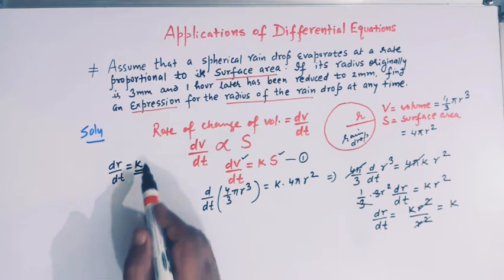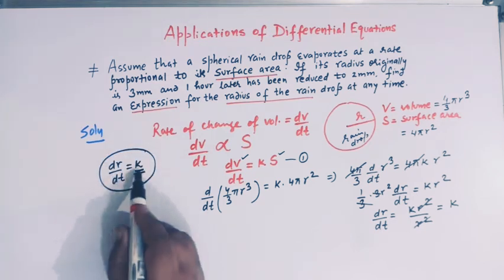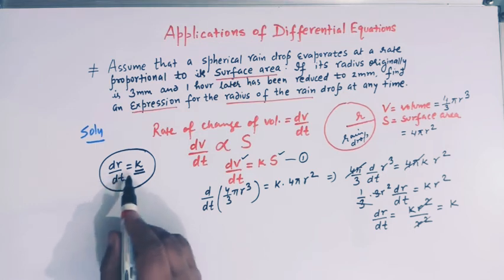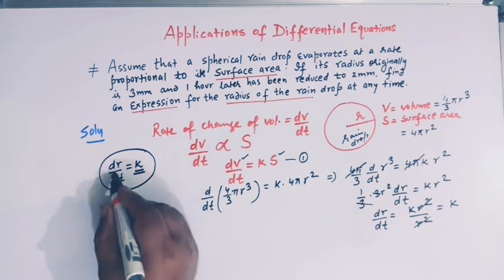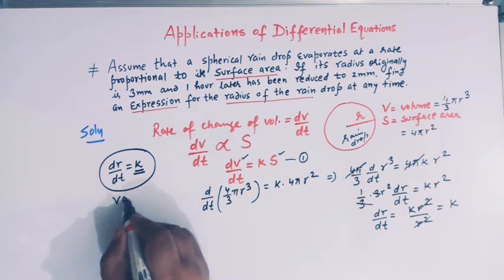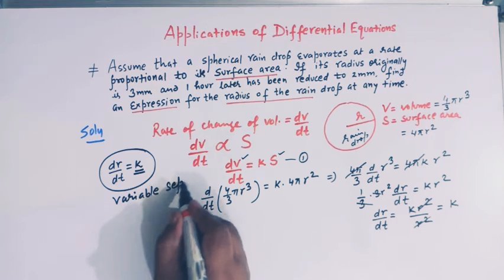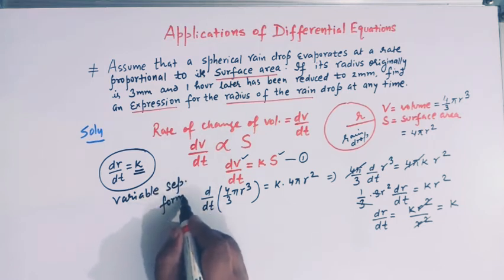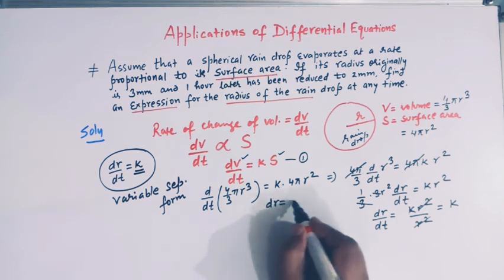Now this is a differential equation, and we have to solve it. Separating the variables, because this is a variable separable form, we can write this equation as dr is equal to k dt.